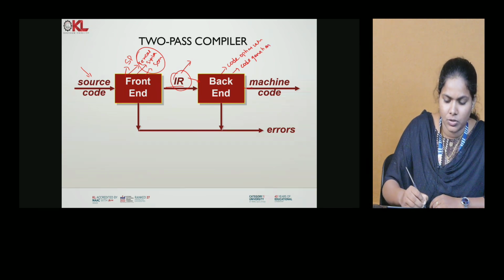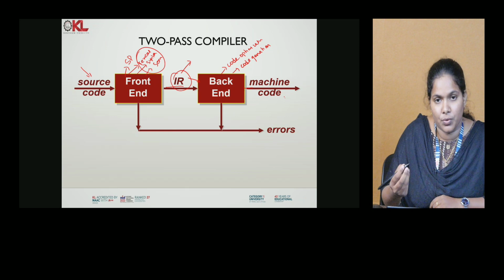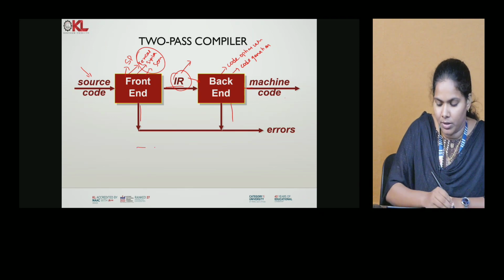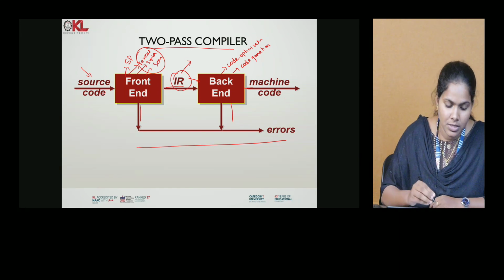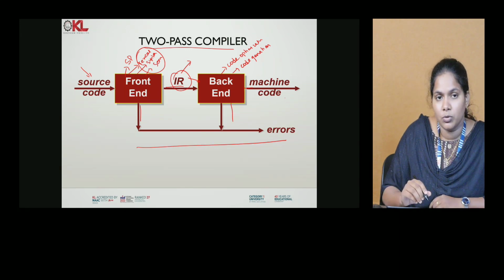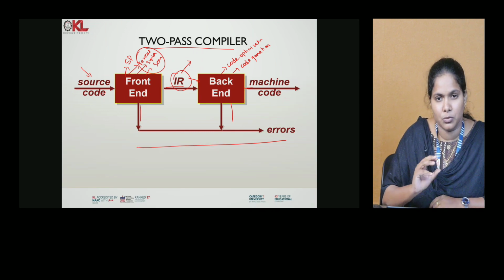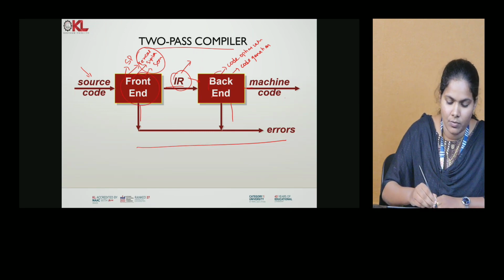After this, the output of the back end will be the machine code. If any errors are there, they will be reported, right? This is a two-pass compiler. That means we take the input statement and give it to two blocks: one is the front end and the second is the back end.